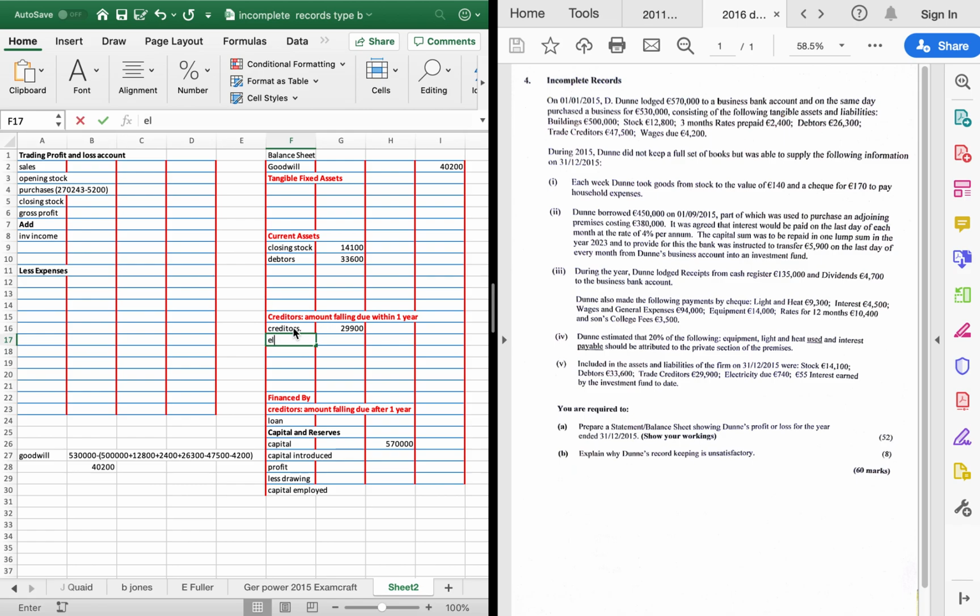Electricity due, 740. Interest earned by the fund at 855, so that's our investment income. We'll make investments, and we'll write plus 55. And then I've also put in my closing stock over here as a minus 14.1.